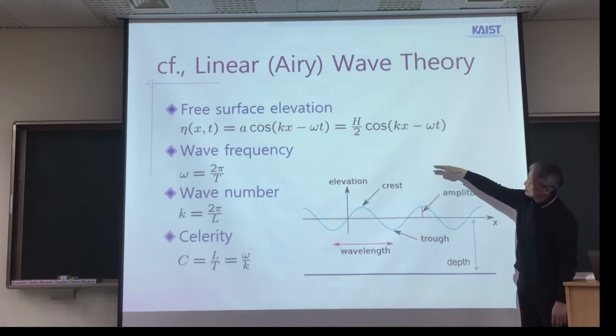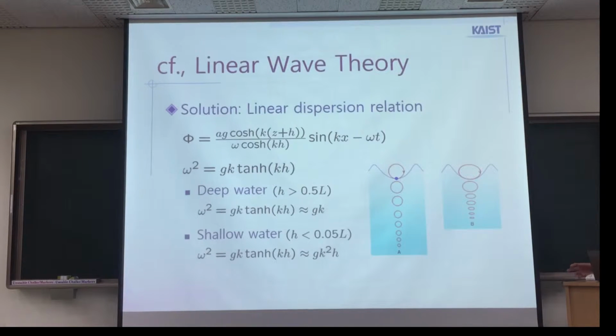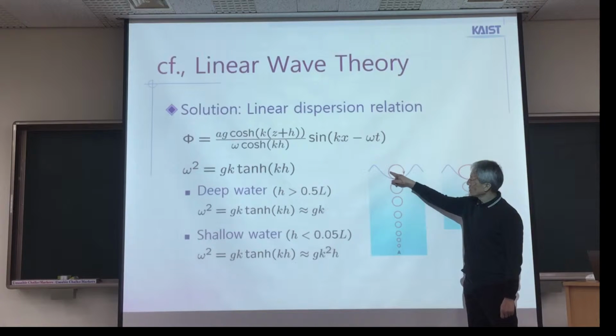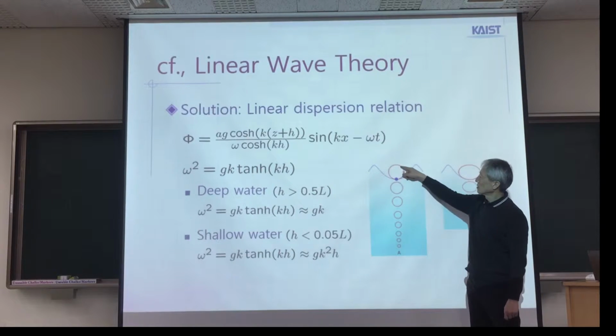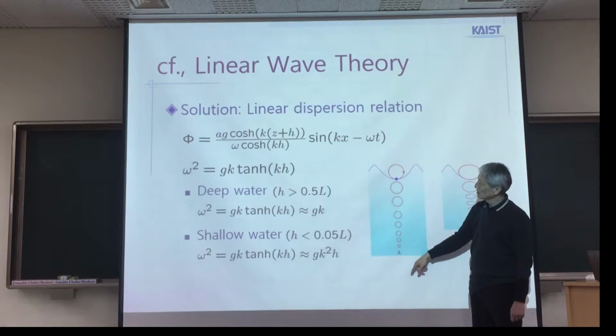This is the equation coming from cosine and sine. Let's see that the water particle is rotating as the wave is coming, right? But the diameter is actually decreasing.